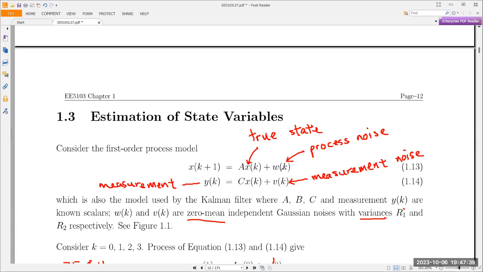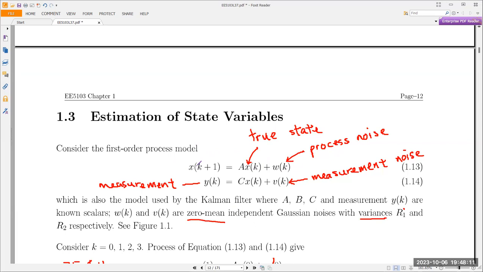Because this is zero mean, this is an educated guess. After all, it's the best guess. You just assume the noise is 0, and the model is such that it is zero mean. So on the average, you are correct. But remember what I said: this is estimated from this, assuming that this is 0.